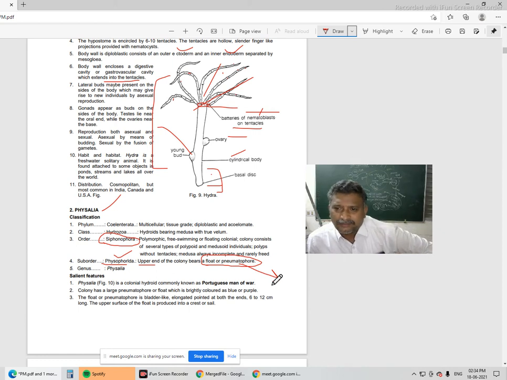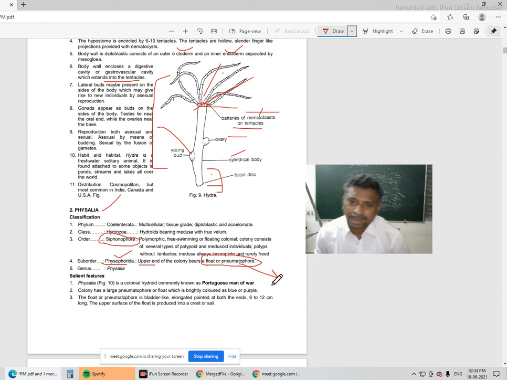A nematophore has gas-secreting tissues and a gas-filled sac by which the entire organism may float on the water surface. That is possible due to the presence of this nematophore. Swimming bells also help the organism to float on the water, and prevent sinking by swimming.